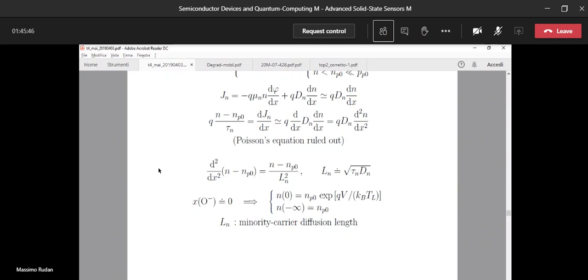But it is easy to understand that if we repeat all the reasoning that we have done so far, after changing the position of the origin, the current will not change, okay? The current that we eventually find after all these calculations cannot depend on the position of the origin, okay?